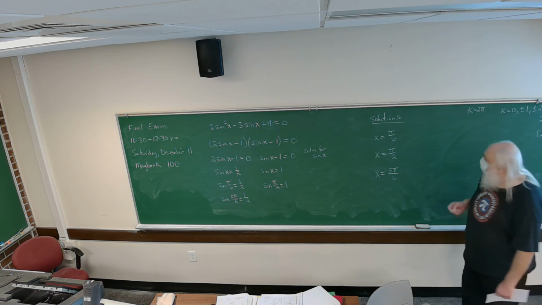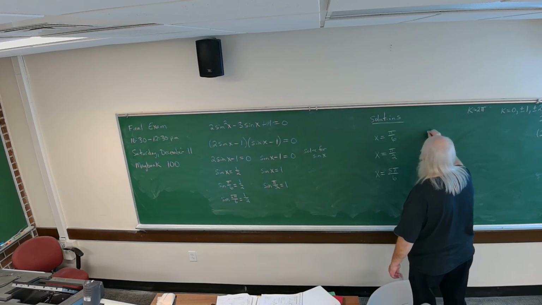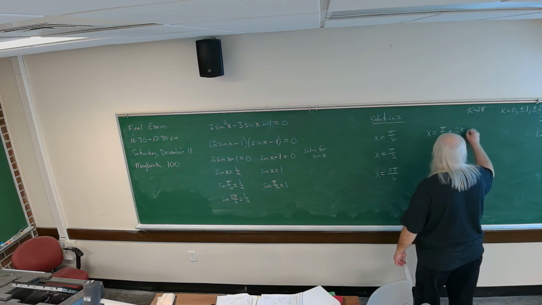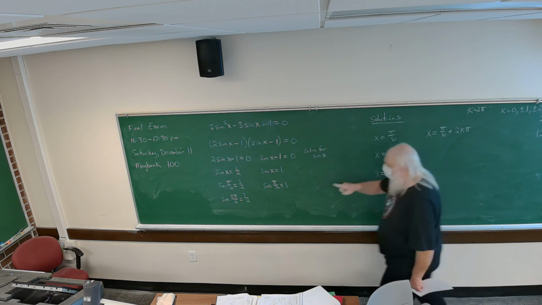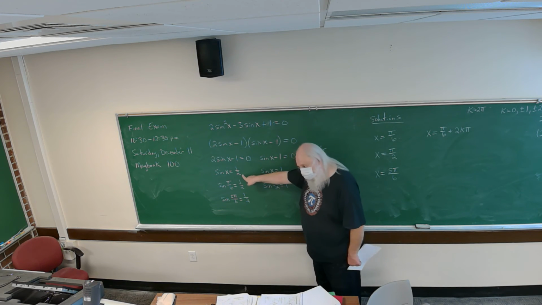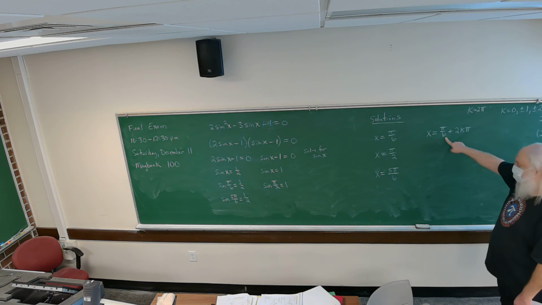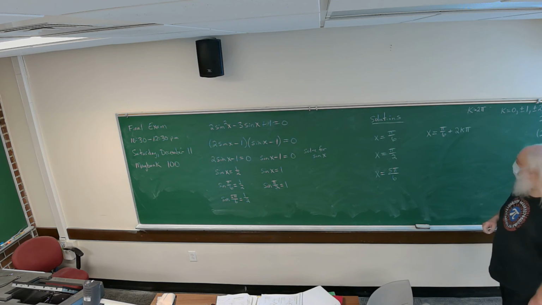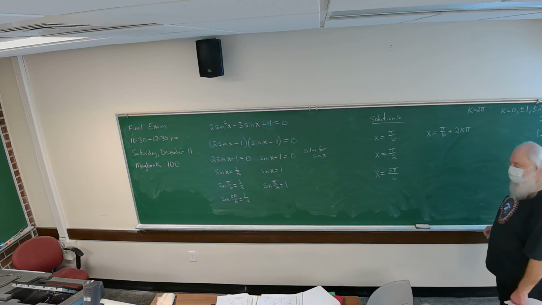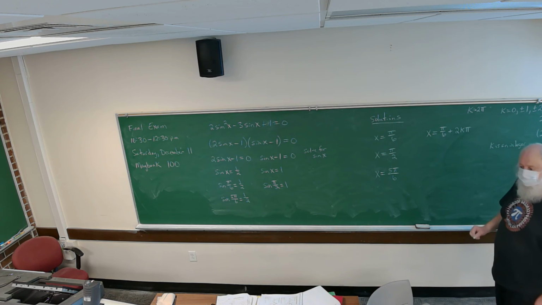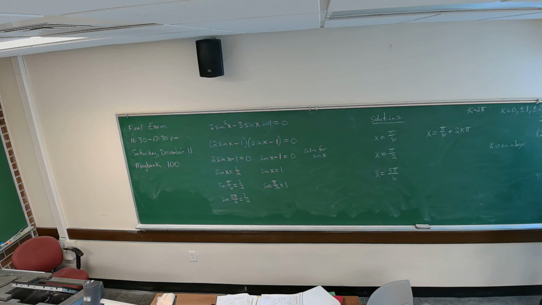So for this equation, the sine of x equals 1/2, the general solution can be written as pi over 6 plus 2k pi, where k is an integer. Any integer.